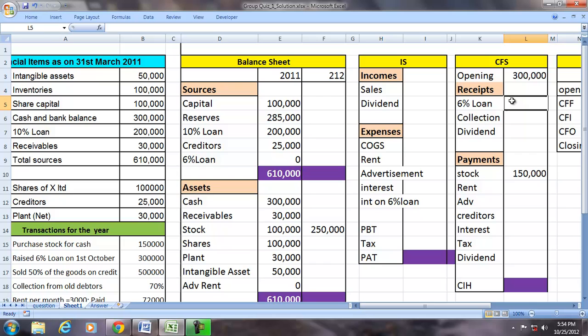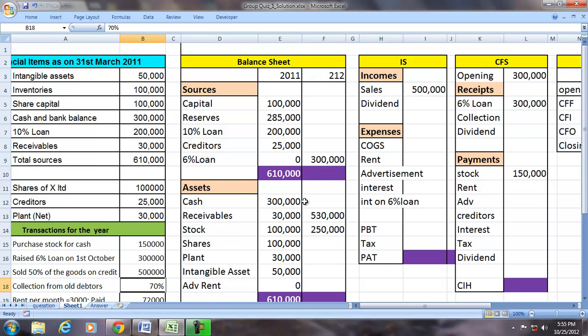Raised loan, we raised loan on 1st October, 300,000. So the loan is a source and a receipt. Sold 50% of the stock, so sales is 500,000. It is not for cash, so the receivable will go up to the extent of the credit sale, which is 500,000.